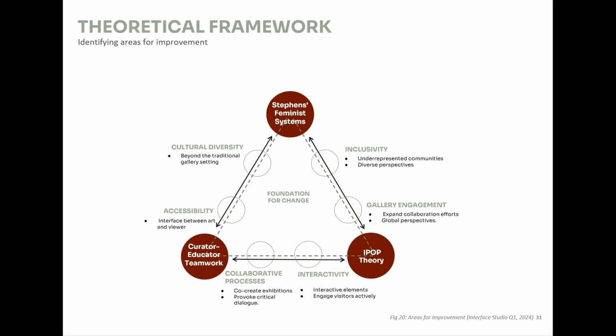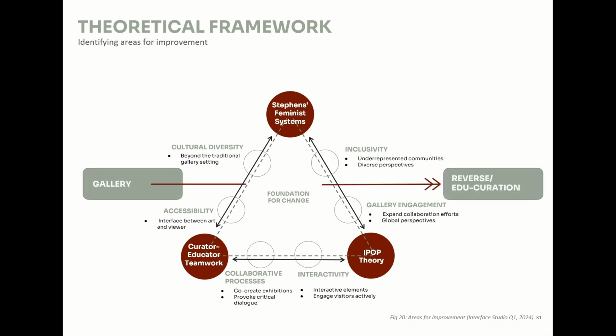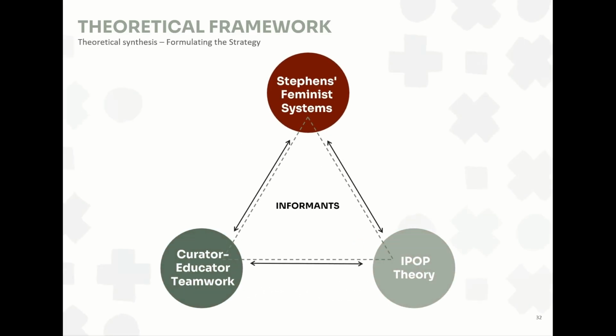This diagram forms part of the process of moving away from a static gallery through reverse and edu-curation. Next, we identified the key informants of the theories which follow similar principles and themes to ensure we advance the strongest concepts. These key informants were grouped into 3 categories.